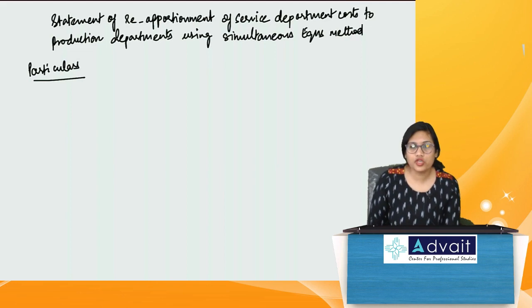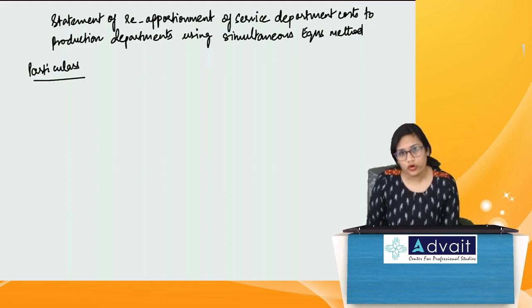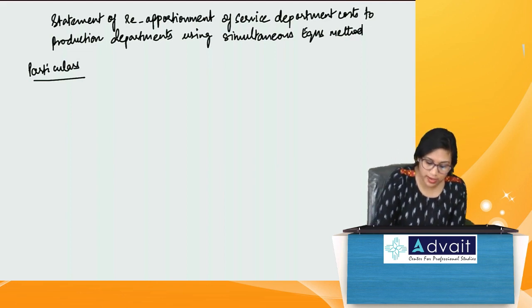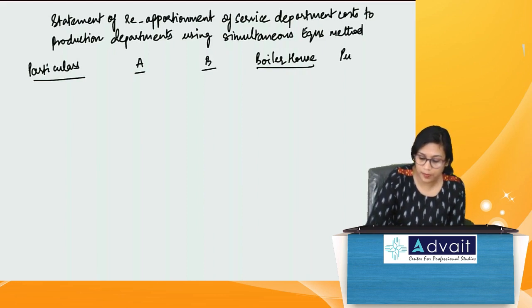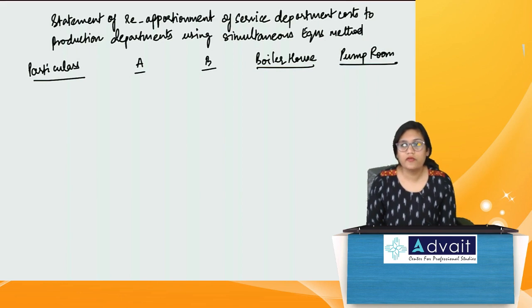So how many production departments did we have? We had 2 production departments, which were A, B, then I had boiler house service department and pump room, another service department.